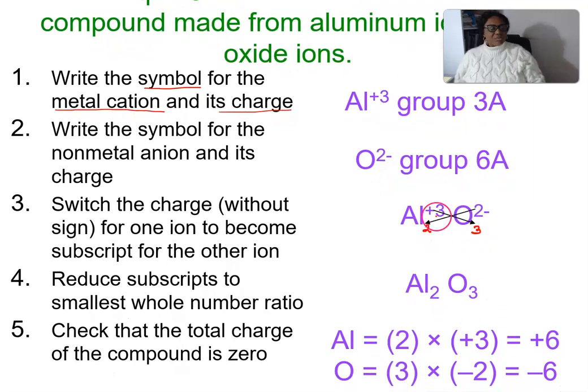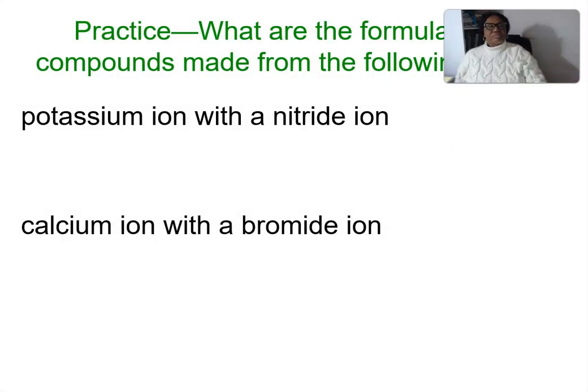So you see, 2 aluminum times plus 3 gives you plus 6. 3 oxygen times minus 2 gives you minus 6. So we can do the practice here.